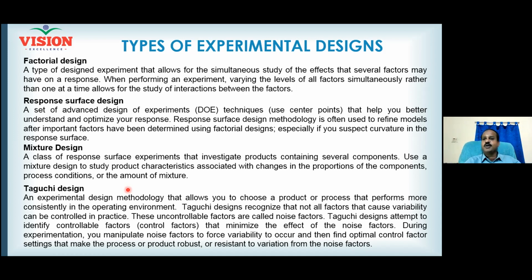I conduct the low and then I conduct the high. But in the mixture design, I not only study the levels, I also study the quantity. Low means what quantity? Let's say 2 to 3x. 2 is low, 3 is high.